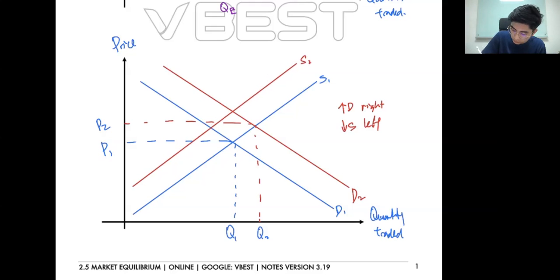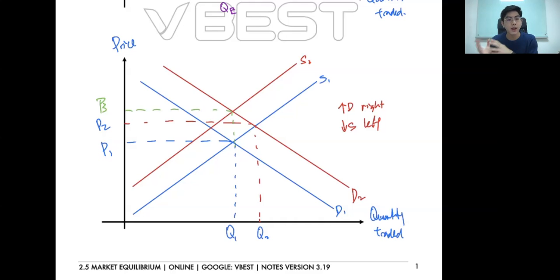So let's say this is S2, which means that this will be your new equilibrium point, P3.